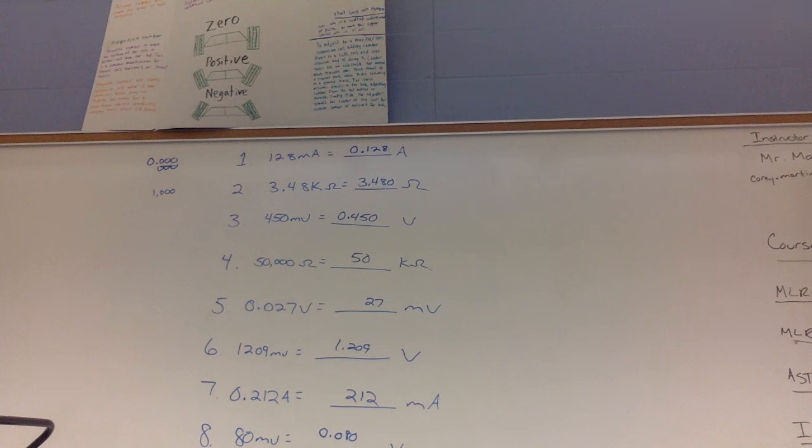You're only going to be moving things 3 spaces, one way or the other. So this is 0.100. It's not showing 0, it's all the way over here. So that would be 0.100. Okay, so that's 100 millivolts.